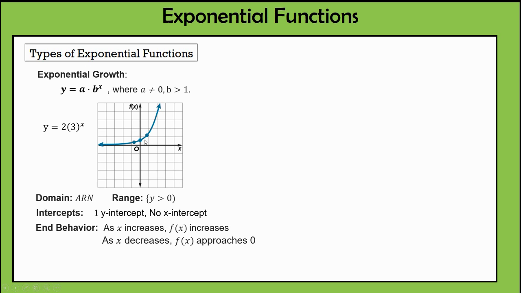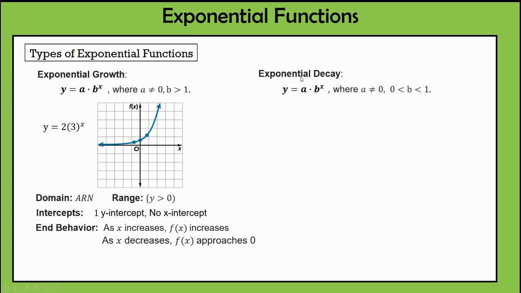As x gets bigger, the outputs get bigger. They go up. As x decreases, so it's starting at 0 and going to the left now, as I'm putting in numbers for x in a decreasing fashion, the answers are getting closer and closer to 0, but they don't touch. So that's what all that means. And that happens for every exponential growth function.